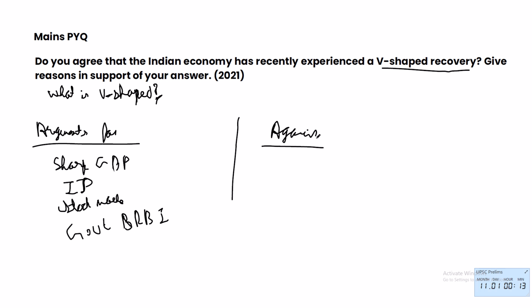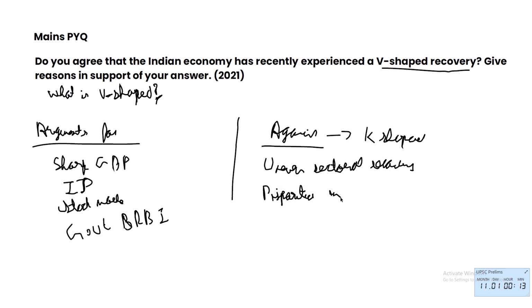And against, against in the sense it must have worked out as a K-shaped recovery, like uneven sectoral recovery, where few sectors recovered and few sectors have not recovered. Disparities in the labor market, growing inequality, role of base effect.